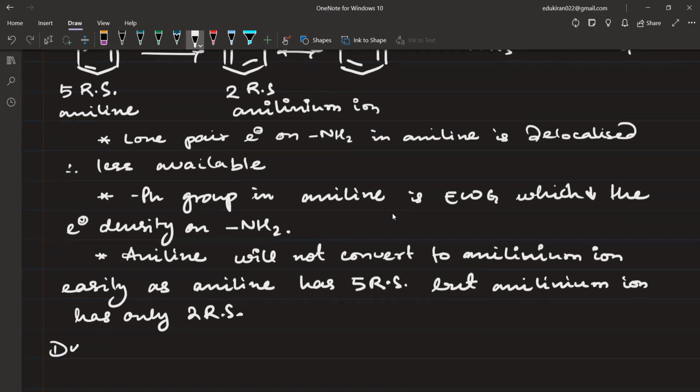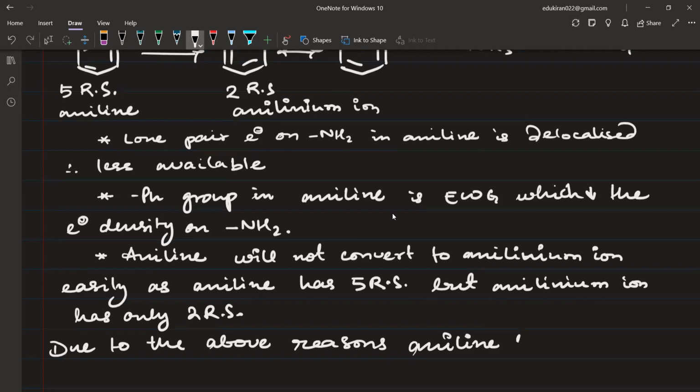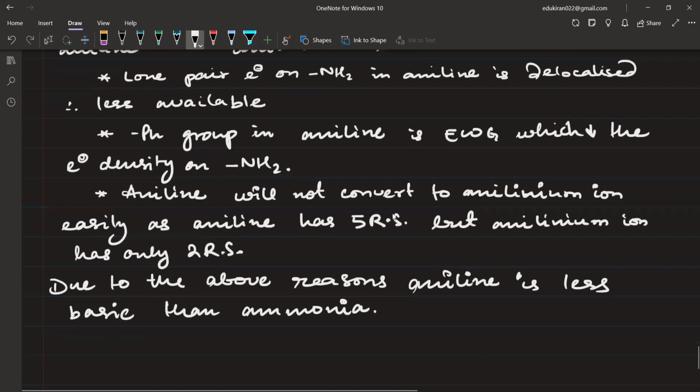Right, due to the above reasons, aniline is less basic than ammonia. Right here, write this much first.